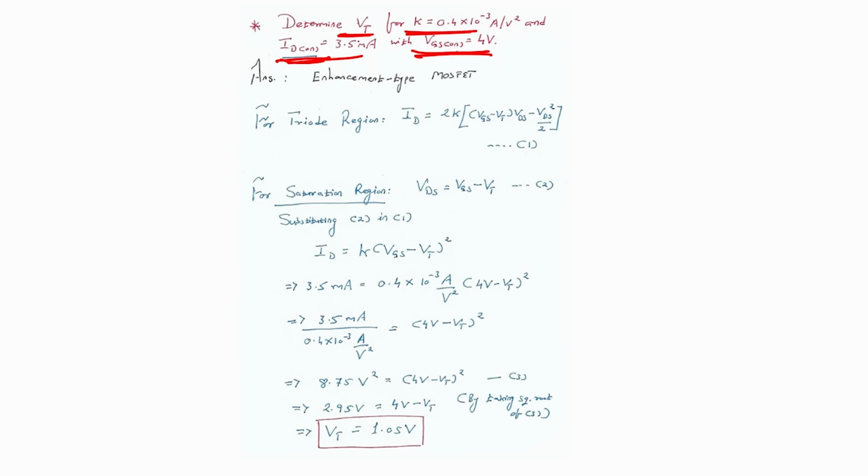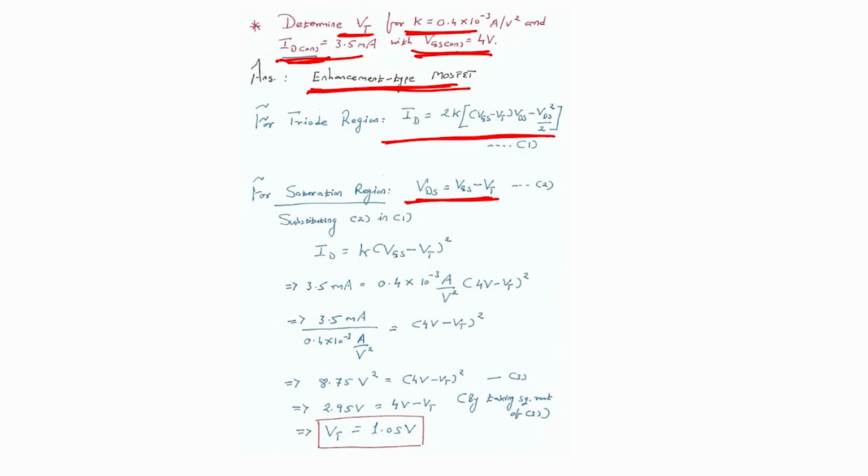That means this is nothing but my enhancement type MOSFET. For enhancement type MOSFET, for triode region I know the equation: ID equals 2 times K into bracket VGS minus VT into VDS minus VDS square by 2 bracket over. This is my equation for triode region. For saturation region I know VDS equals VGS minus VT.